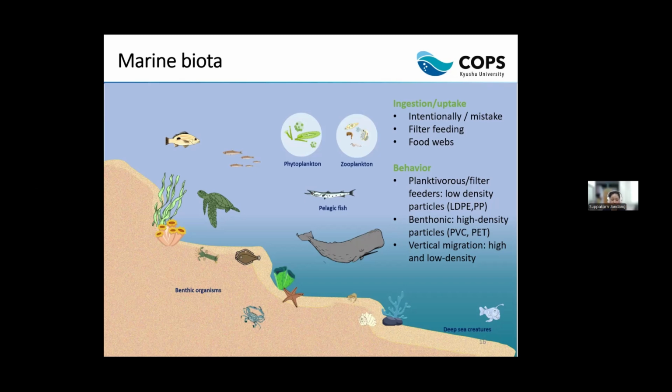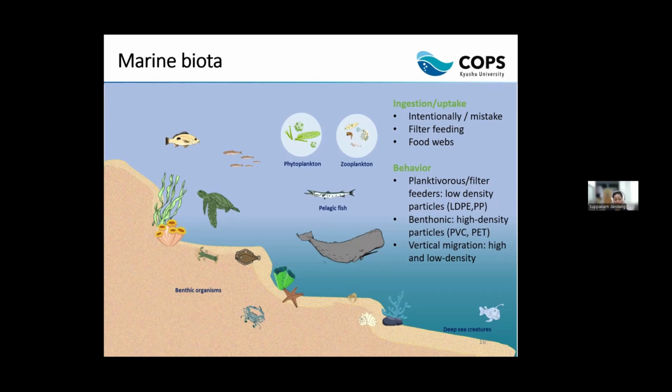As I mentioned, especially the planktivorous fish, most of the papers say this kind of fish contains a lot of microplastic because of their feeding behavior. For the pelagic fish, because they live in the surface water, most of them contain low density particles, because low density particles float on the top of the surface water.